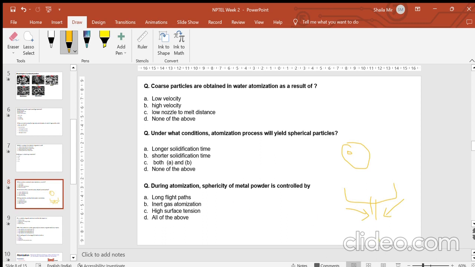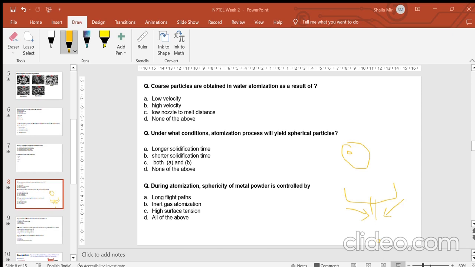And then inert gas atomization is because of the inert atmosphere, or the high surface tension. So during atomization, the sphericity of the metal powder is controlled by long flight paths, inert gas atomization, high surface tension.